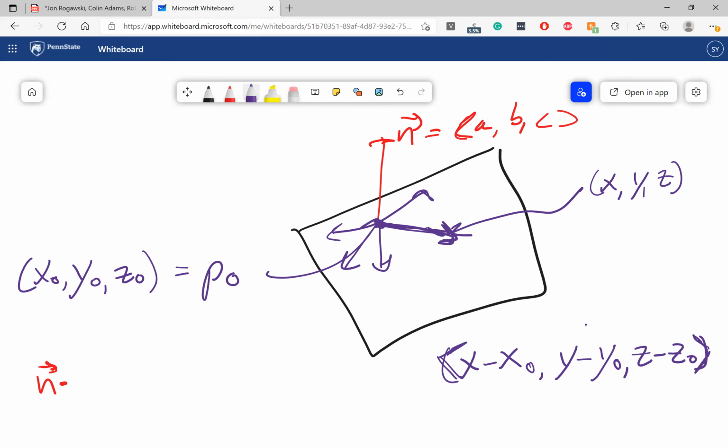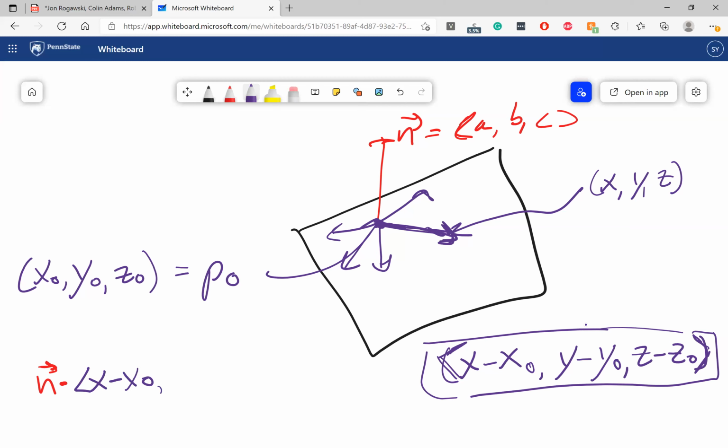So how do we describe this fact? Well, we can say that if I take my normal vector and I dot it with this vector, which is by definition the vectors that lie in the plane, so I dot it with x minus x0, y minus y0, and z minus z0. What should I get when I take the dot product between these? Yeah, 0.